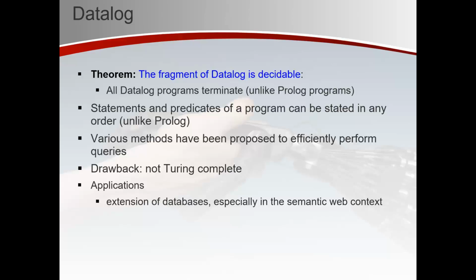Semantic web means understanding the World Wide Web, the web pages that are out there, not only as information for human beings, but also as information for computers.